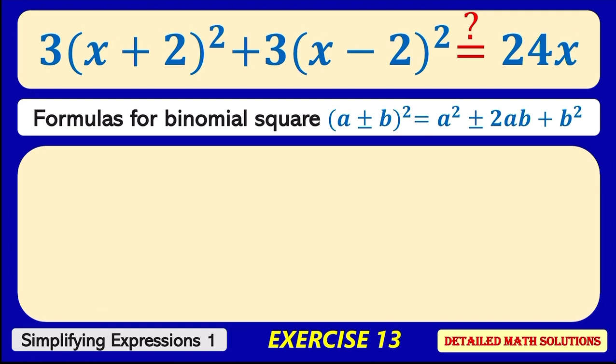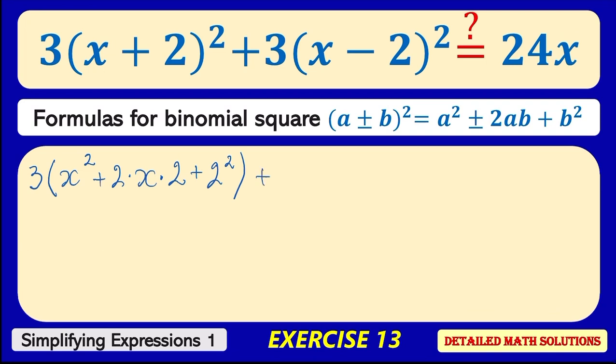The variable x corresponds to the a in the formula, and the number 2 corresponds to the b in the formula. Therefore, when I apply the formula, this equals 3x² + 2 times x times 2 + 2².